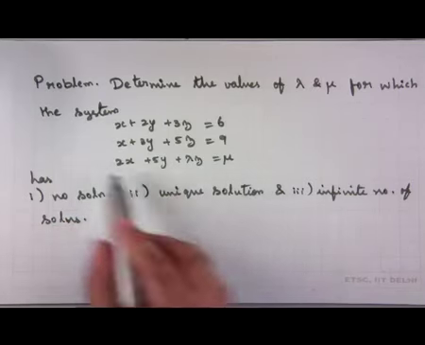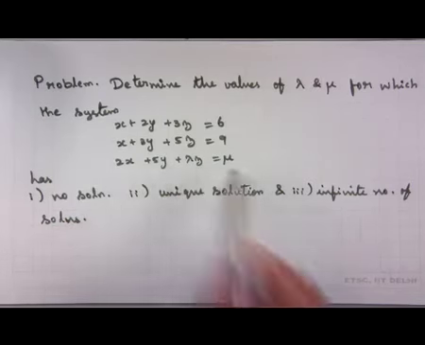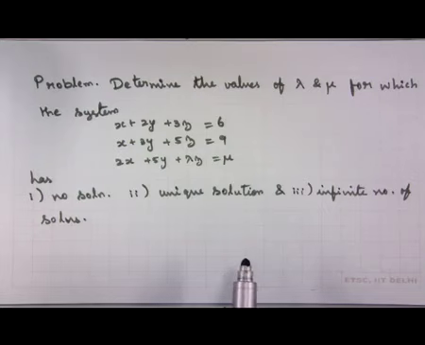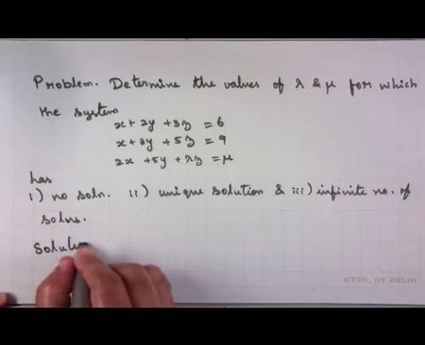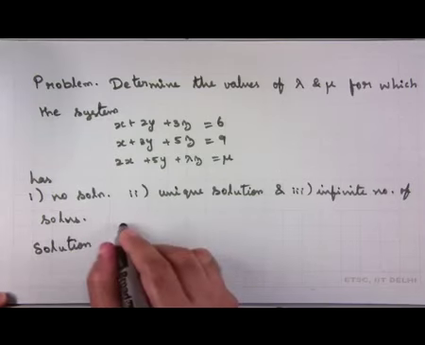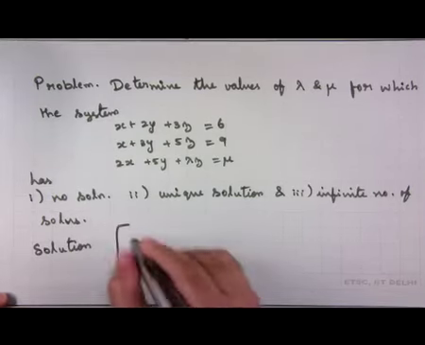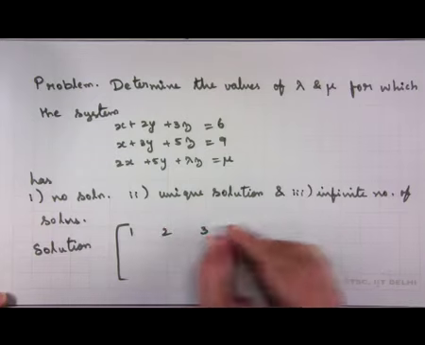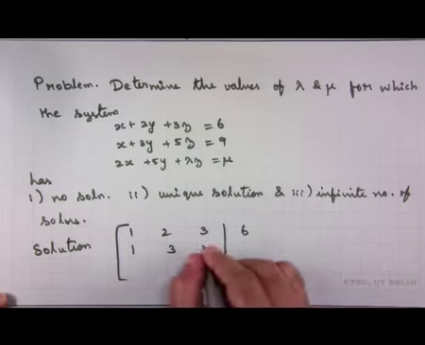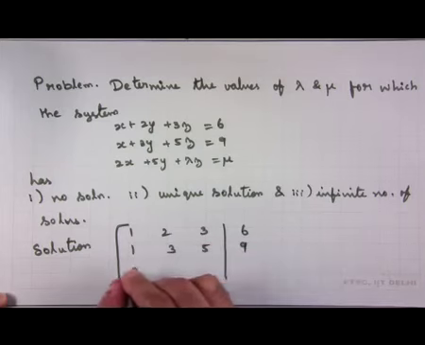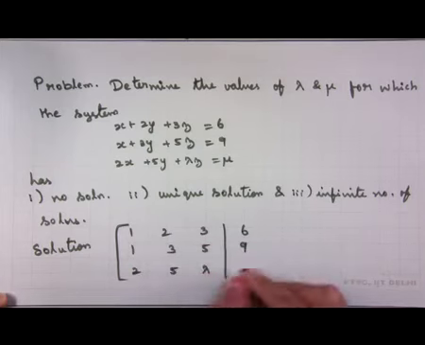Right. So, you are given the system with two unknowns lambda and mu. So, you will have to find the values such that this system has got no solution, unique solution, and infinite number of solutions. Let us try to write the augmented matrix: 1, 2, 3, 6; 1, 3, 5, 9; 2, 5, lambda, mu.